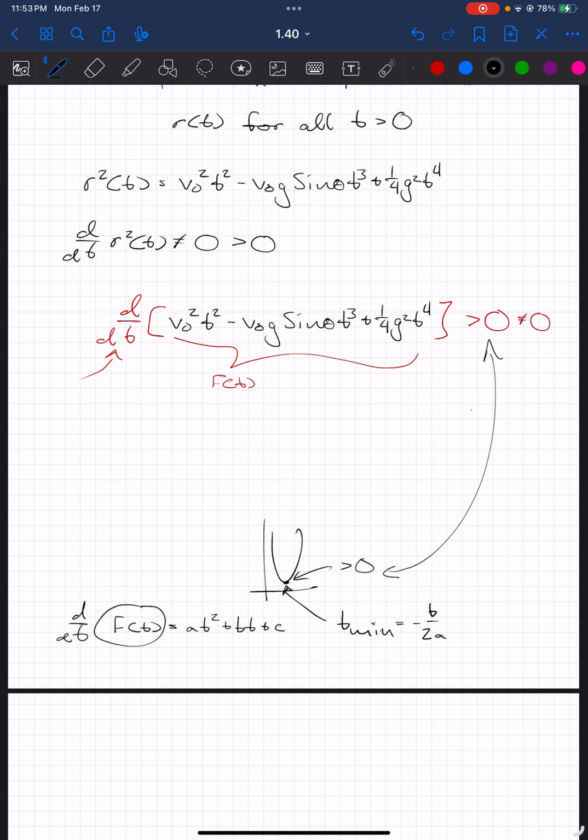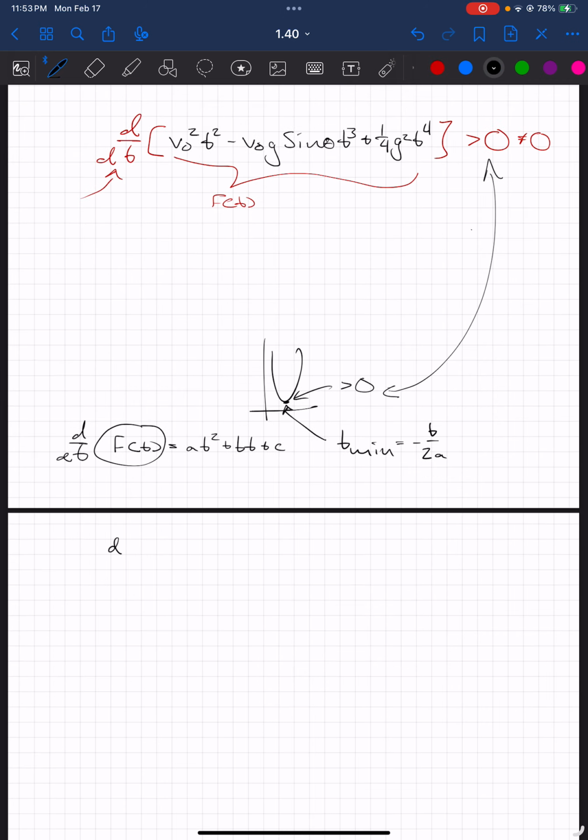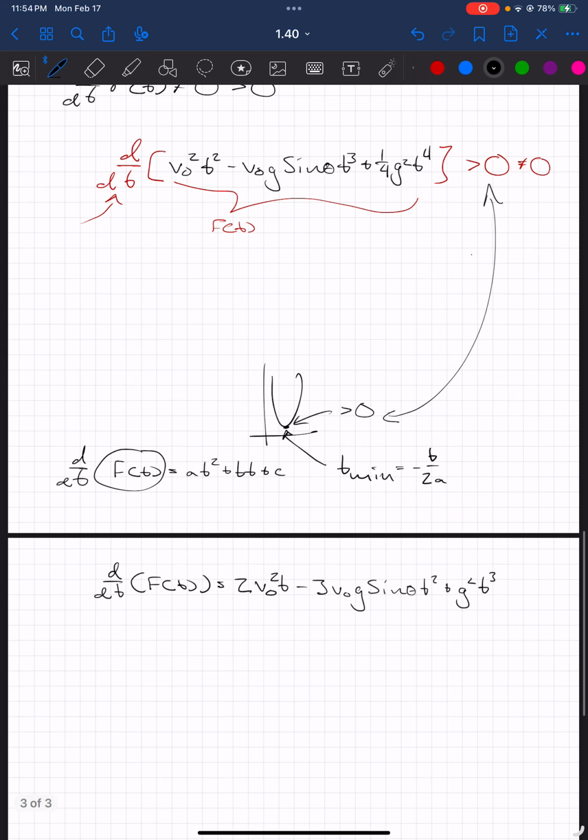So if we take the derivative of f of t with respect to time, we get 2 v naught squared times t minus 3 v naught g sine theta times t squared plus just g squared times t cubed, since we're bringing down the 4, we get rid of the 1/4.